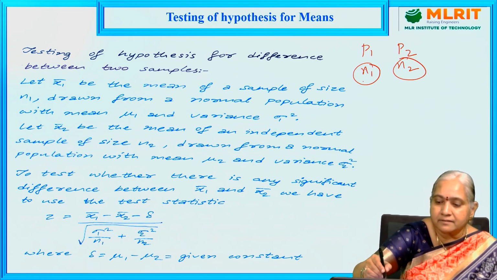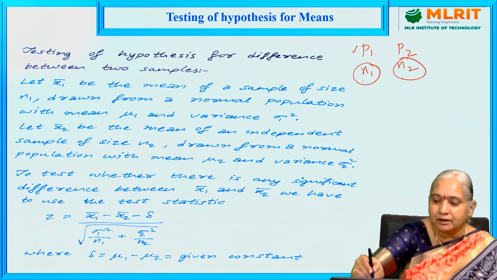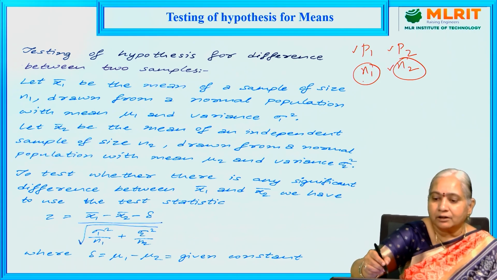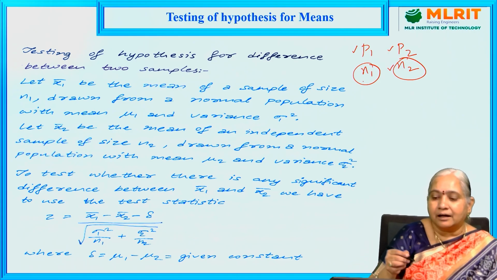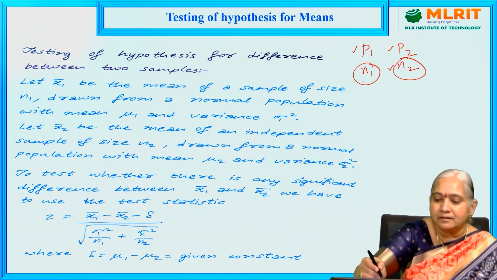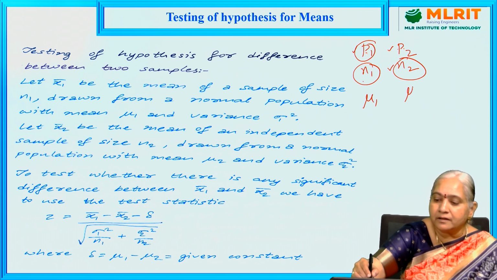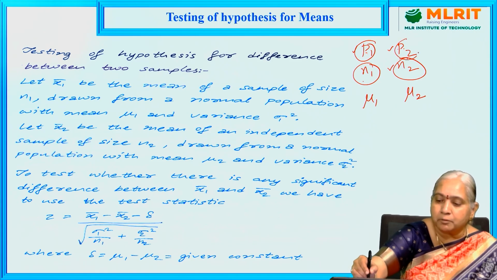The first sample is taken from the first population and the second sample is taken from the second population. Here we are testing the hypothesis that these two population means are equal. mu1 is the mean of the first population and mu2 is the mean of the second population.